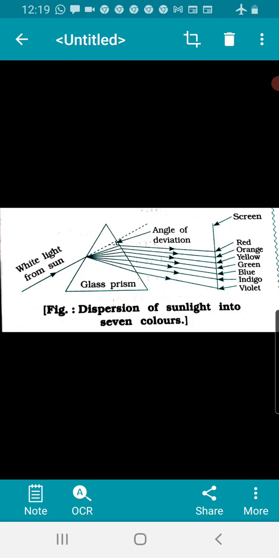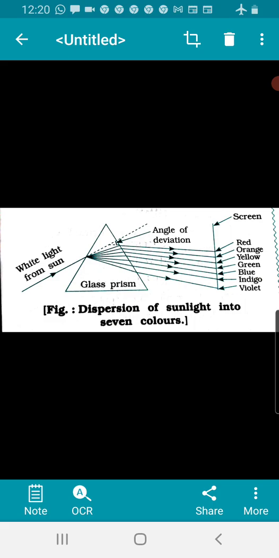It appears as a large arc in the sky having many colors. It is a natural phenomenon. It is a phenomenon of reflection, refraction, and dispersion of light. So when the light is dispersed, that means separated, we have the 7 colors. That is red, orange, yellow, green, blue, indigo, and violet.